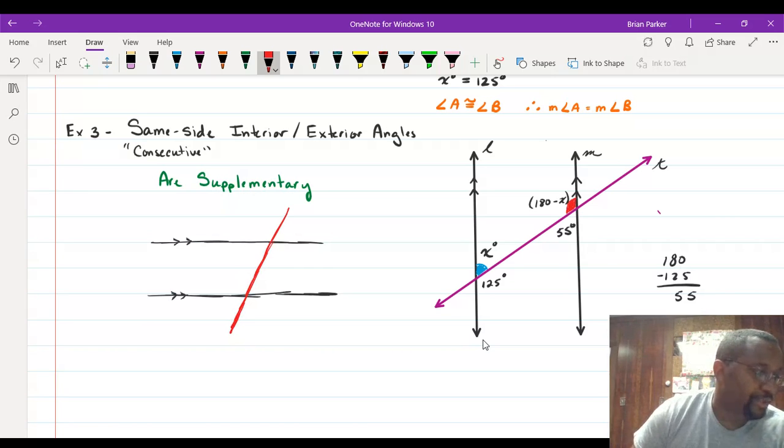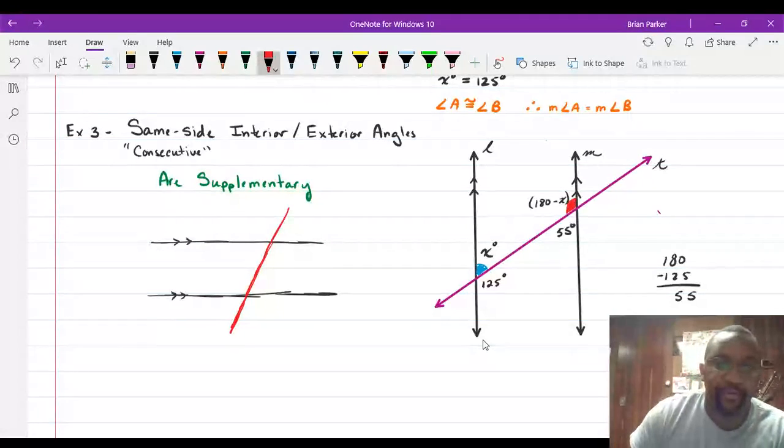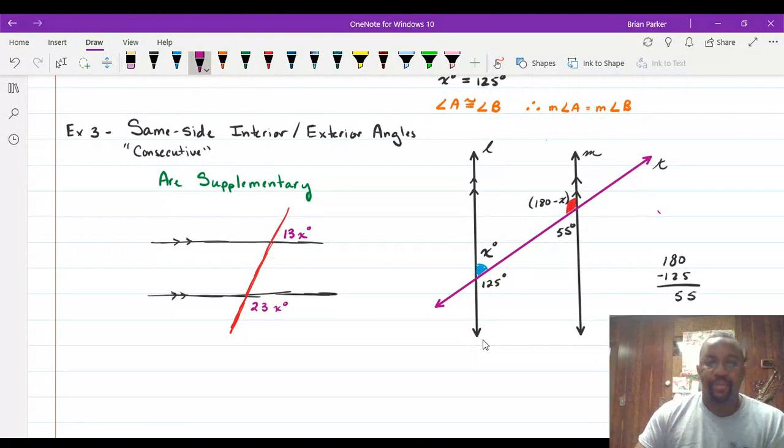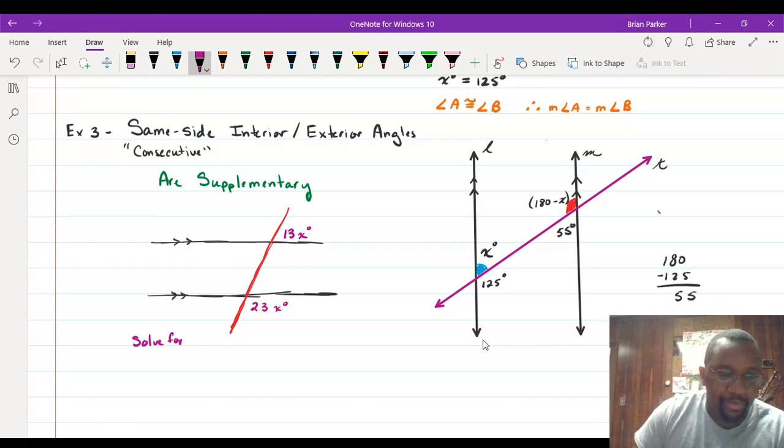So let's use expressions one more time. If I were to tell you, let's do same side exterior angles this time, that this is 13x degrees, and this one down here is 23x degrees, and they've asked us to solve for x, how would we do that?